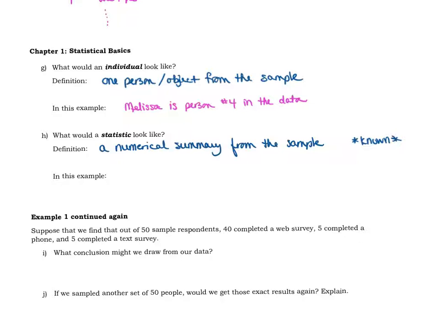So in this particular example, what would it be? Again, we can pick anything. We're looking at how many people would participate in what kind of survey.